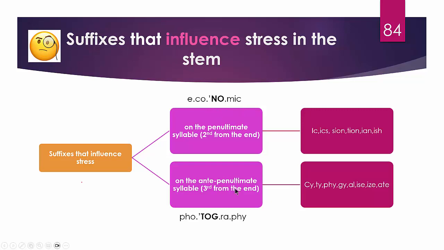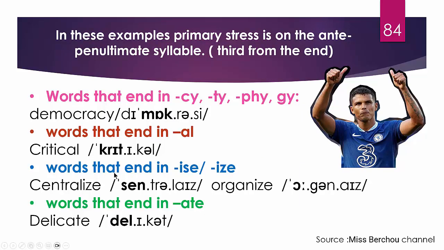Then we will talk about the antepenultimate syllable, the third from the end. We have here 3. Don't forget about number 3. In these examples, primary stress is on the antepenultimate syllable, third from the end.